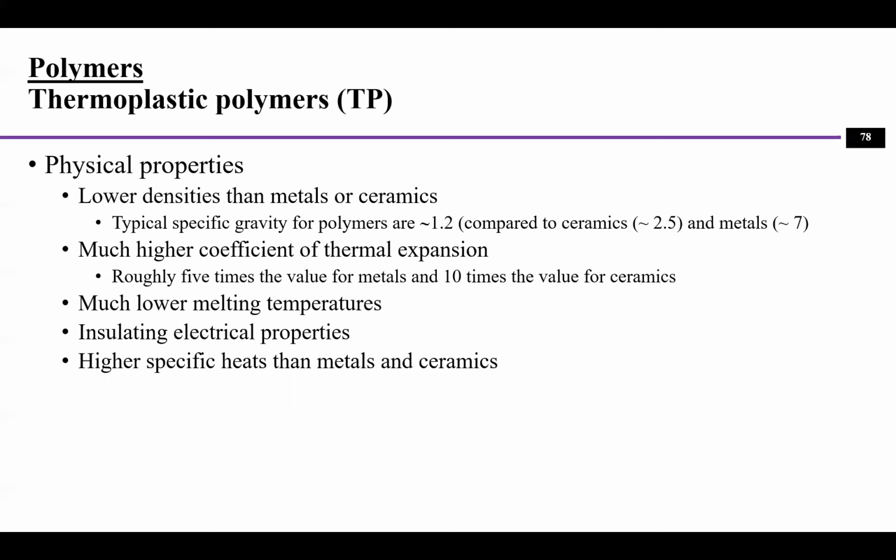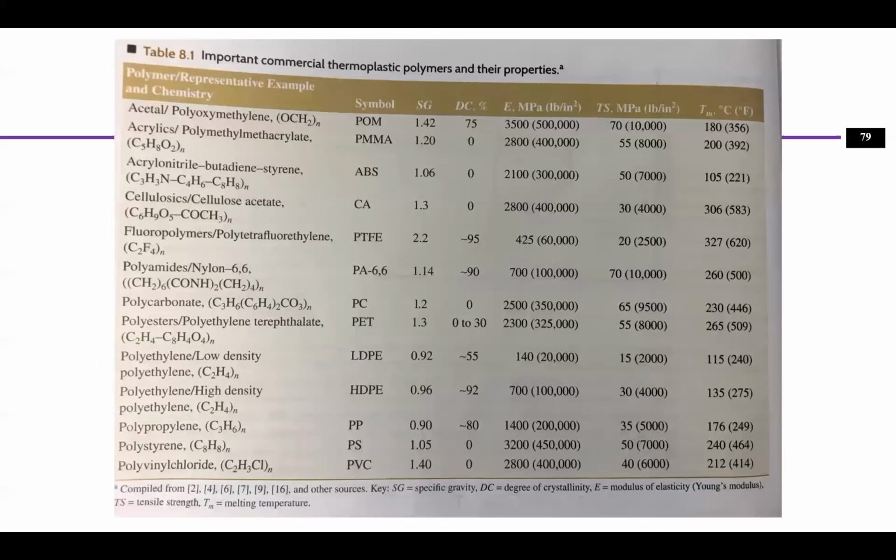Because typically the weight is not as high as metal and ceramics, they can be used in many industrial applications that do not require higher weight. Of course, they have a lower melting temperature, and they have good insulation properties as well.